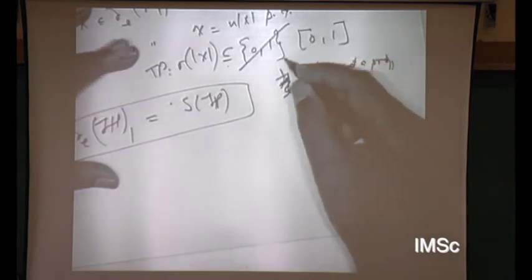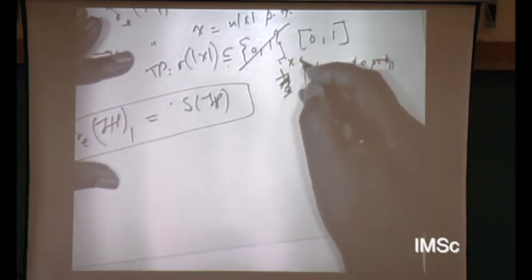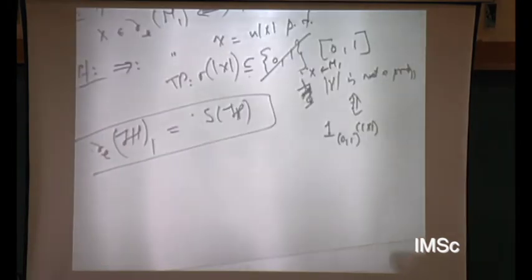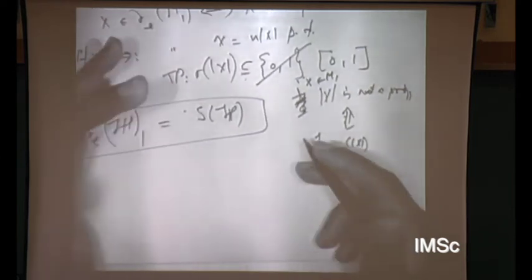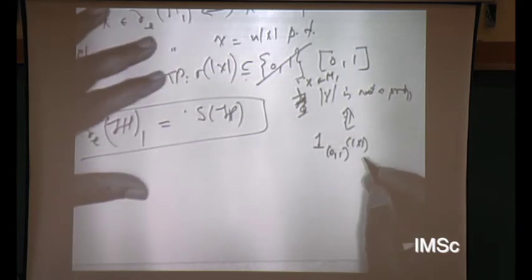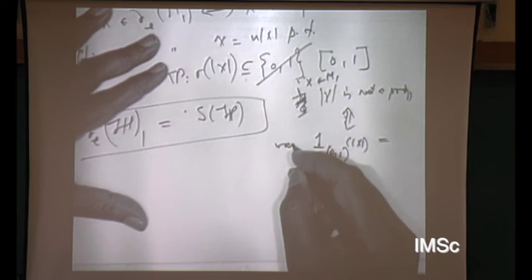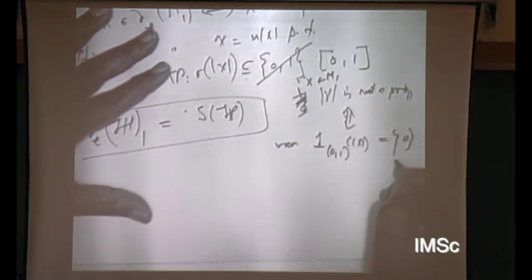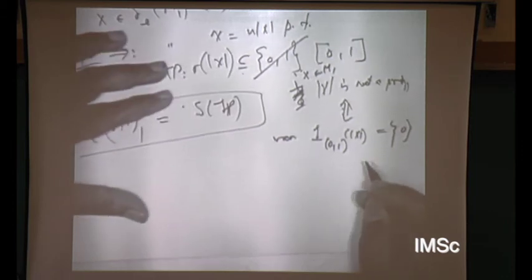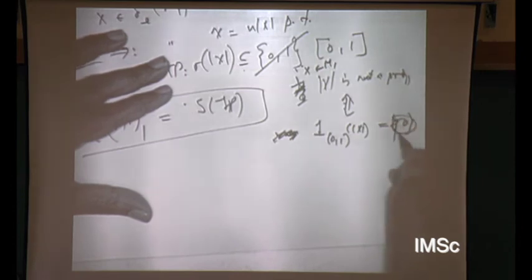This is assuming that X is in the unit ball, I'm assuming it has norm less than or equal to 1. I'm saying it is not a projection precisely when the spectral subspace for the open interval is not 0, or that this is the zero operator.